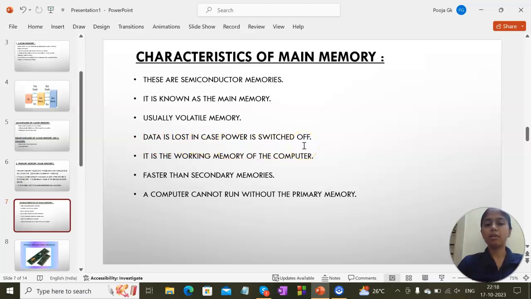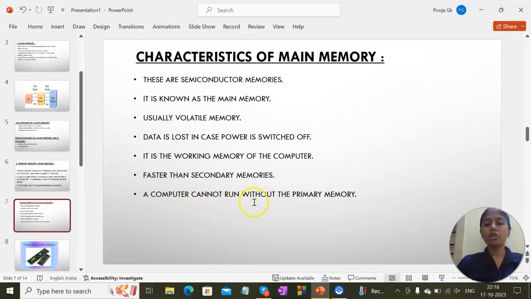It is the working memory of the computer, and it works faster compared to secondary memory.